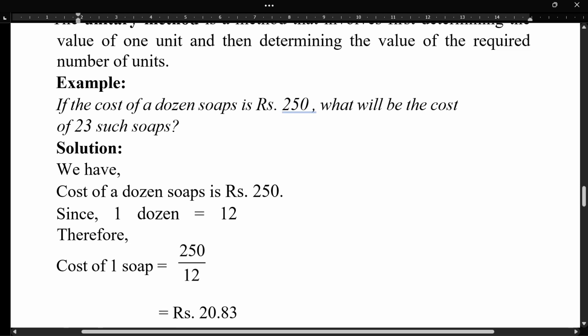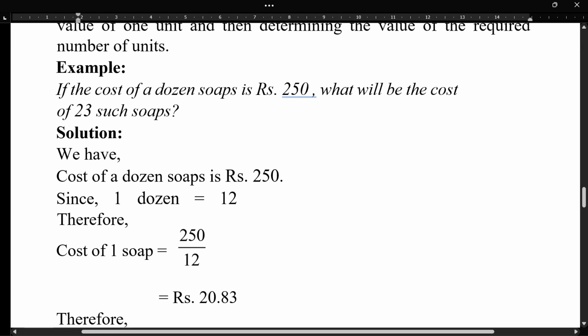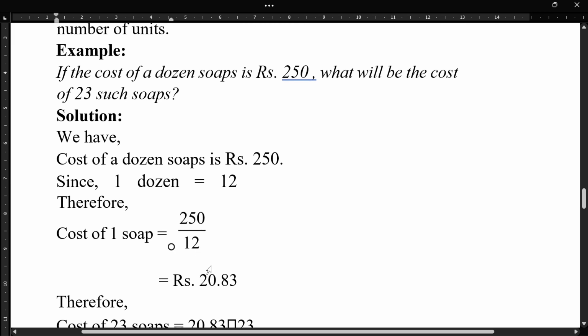See, we have been given the cost of one dozen, and we know that one dozen is equal to 12. To find the cost of one soap, first we have to divide. To find the value of one unit, we have to divide the cost by the quantity, and that is 12.